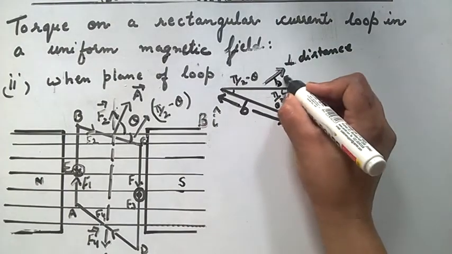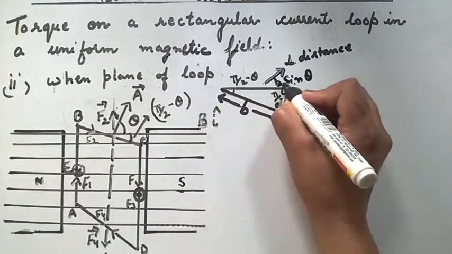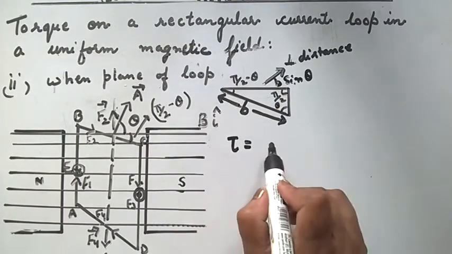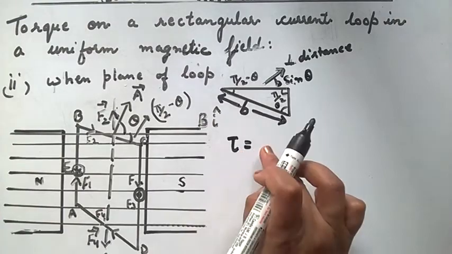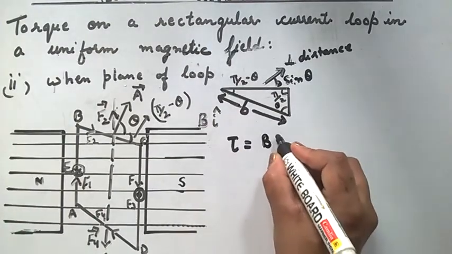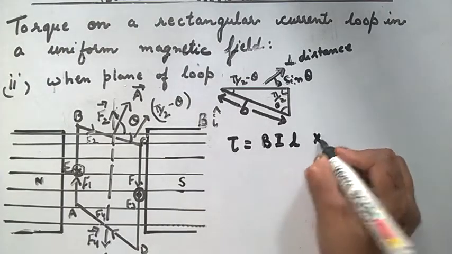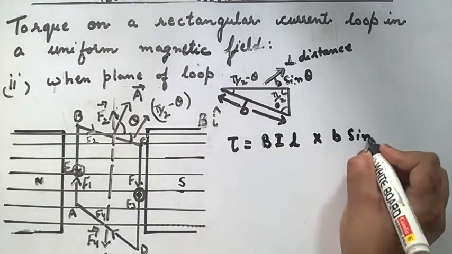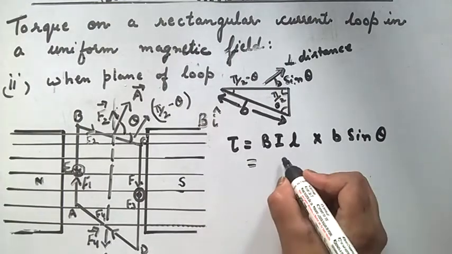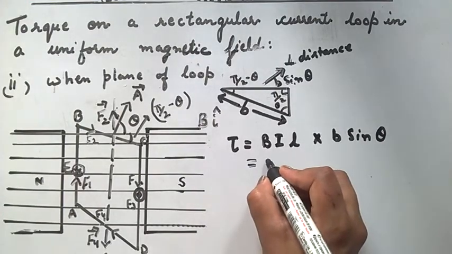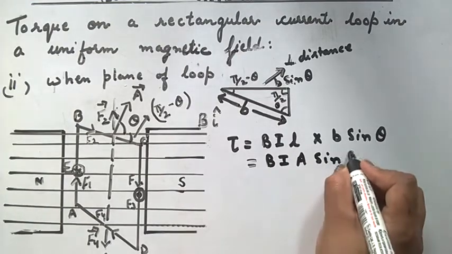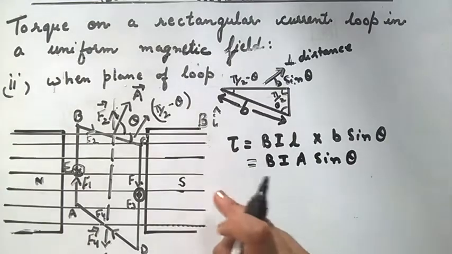Therefore, magnitude of torque equal to magnitude of either of the two opposite forces, which is equal to BIL, into B sine theta. L into B is the area of a rectangle. Therefore, we can write BIA sine theta. That is, when we compare it with the previous case, it is sine theta times of BIA.